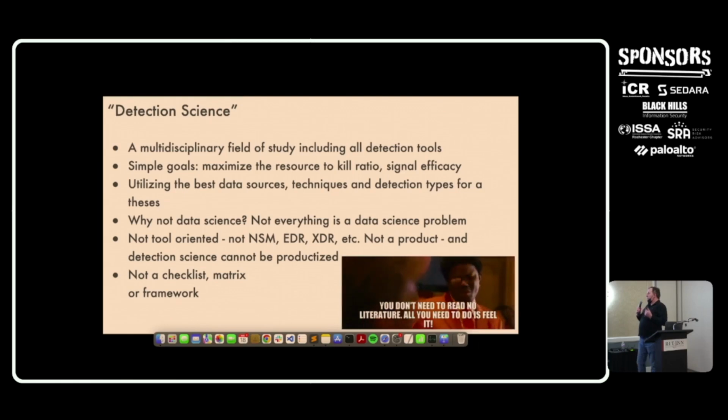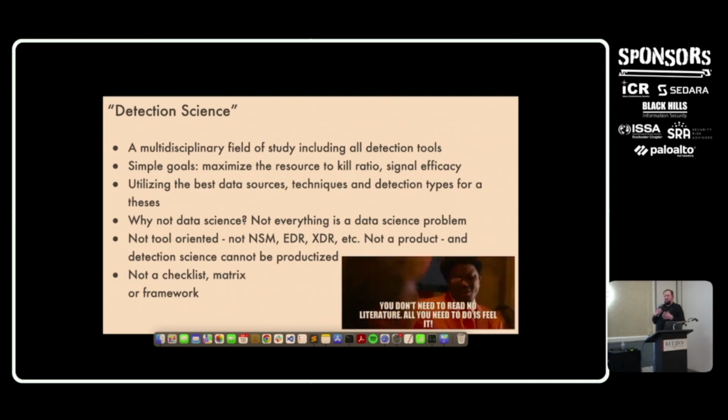This is what I'm trying to advocate, trying to put a name to what I do, and I'm going to publish more on this. I need to publish a longer description, but the reason I invented the term detection science is to put some definition around what it means to fuse together conventional security research and threat hunting detection techniques with machine learning and data science.